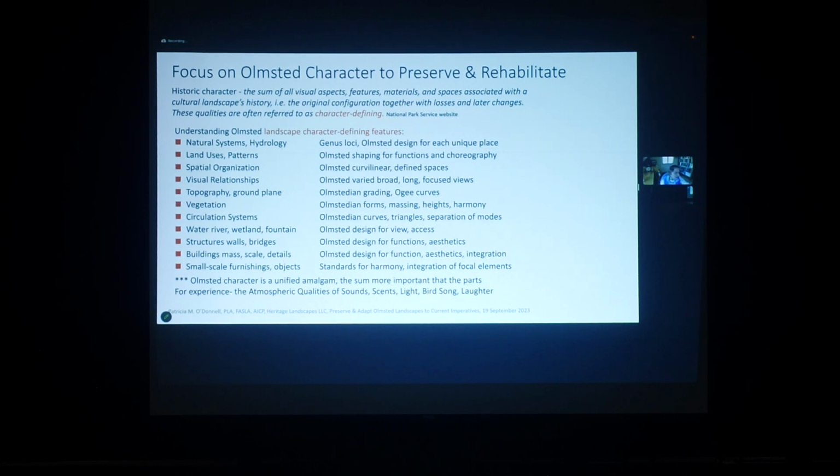In addition, the Olmsted character can be experienced with atmospheric qualities of sound, scent, light, birdsong, laughter, conversation, and more. So when you think about this process, you think about all the aspects of the landscape.